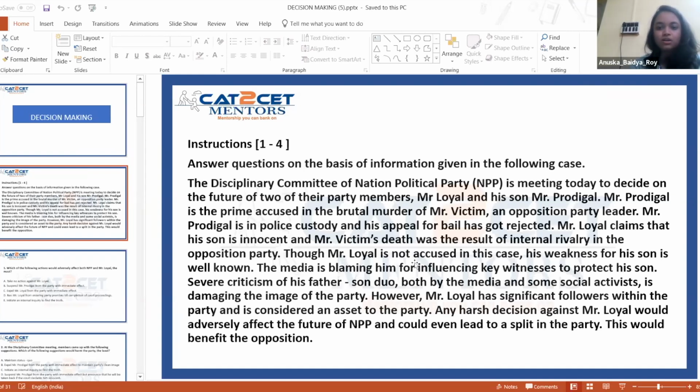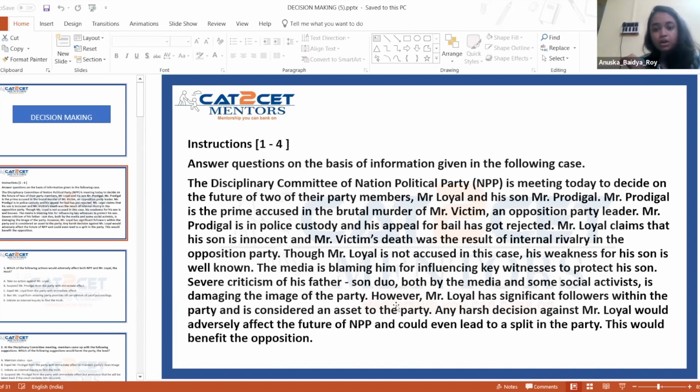Though Mr. Loyal is not accused in this case, his weakness for his son is well known. The media is blaming him for influencing key witnesses to protect his son. Severe criticism of this father-son duo, both by the media and some social activists, is damaging the image of the party. So the things we will be noting while reading the case: first, what is at stake? The party image is at stake.